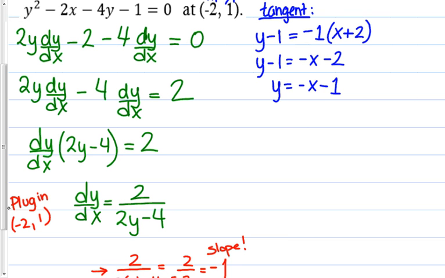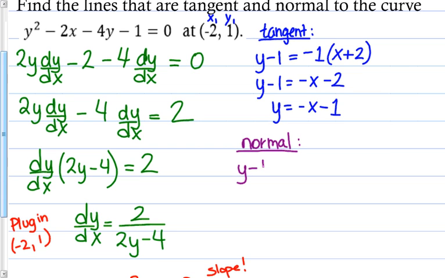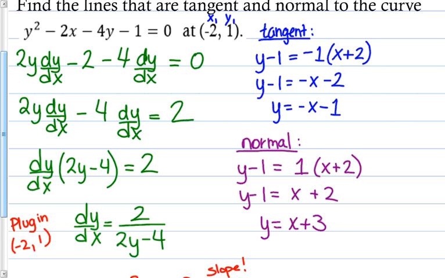So for my normal, I'm going to do y minus y1, which is 1, equals positive 1 times x minus my x1, which was already negative, so that becomes a plus. So y minus 1, simplify a little, and then add 1 to both sides. And there you go. There are my equations.